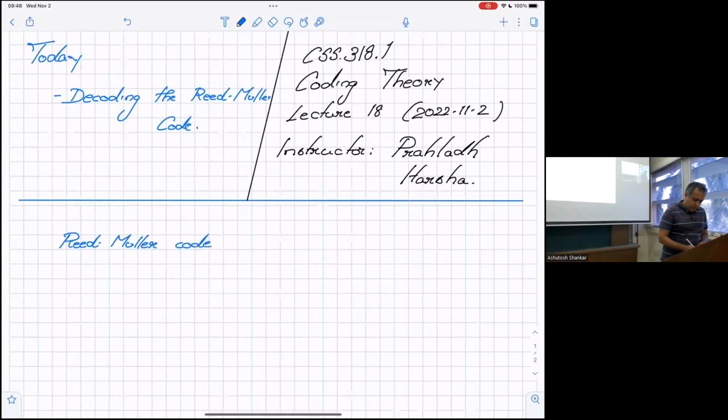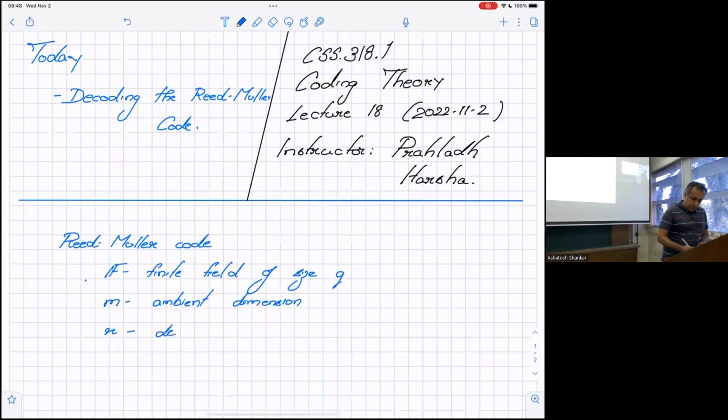The Reed-Muller code has a finite field F of size q, m is the ambient dimension, and r is the degree of the polynomial.